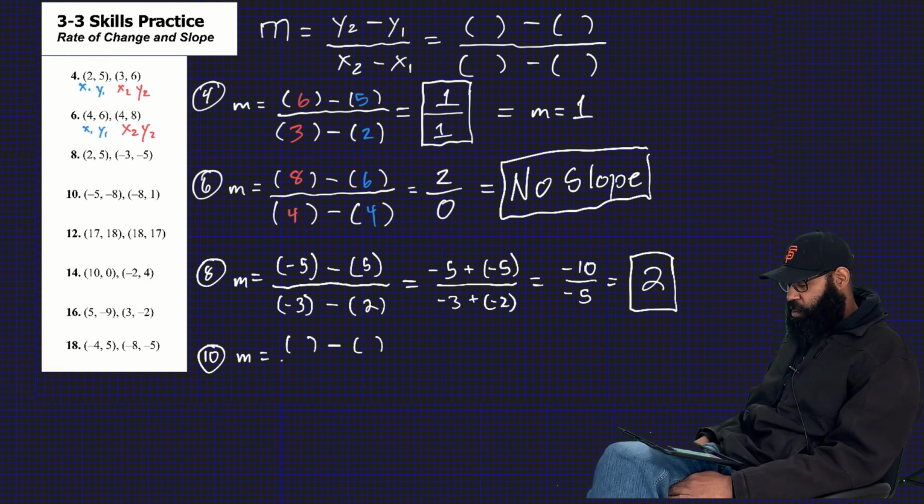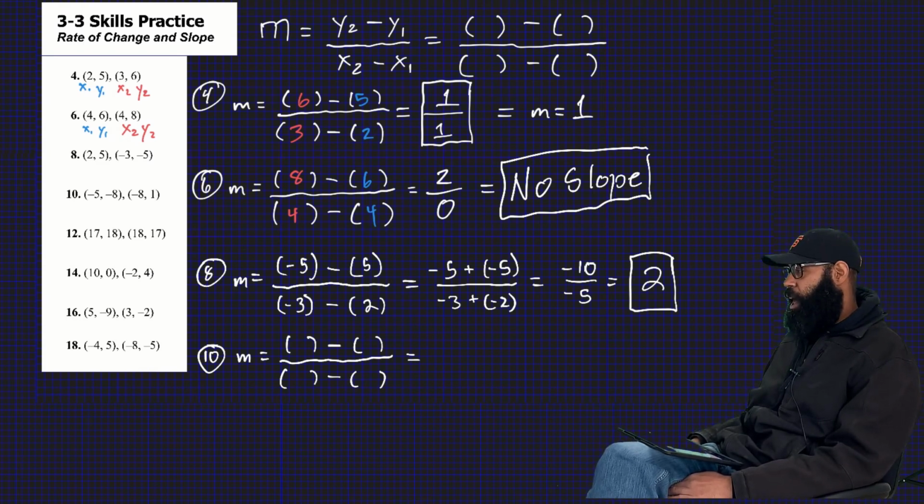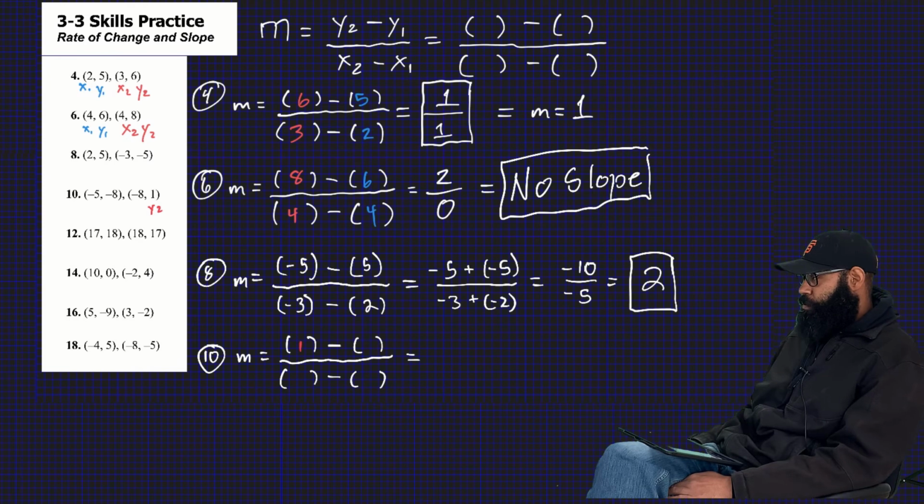M, this time for 10, I'm sorry, 1 minus -8. I'm going to use some colors here. Y2, slowing down. Y1, I got you. A little different order this time.